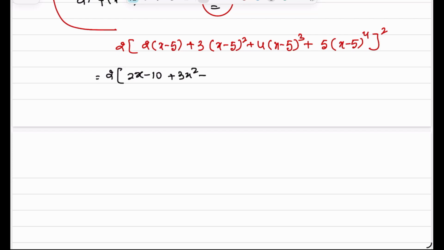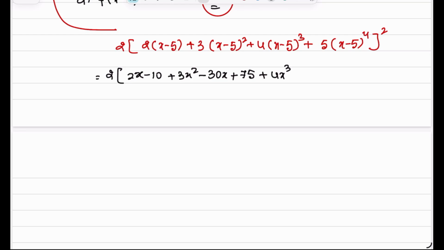plus 3x square minus 30x plus, don't worry for small errors, you understand the concept, plus 3 into 25 is 75 plus 4 into x cube minus 3 a square b.